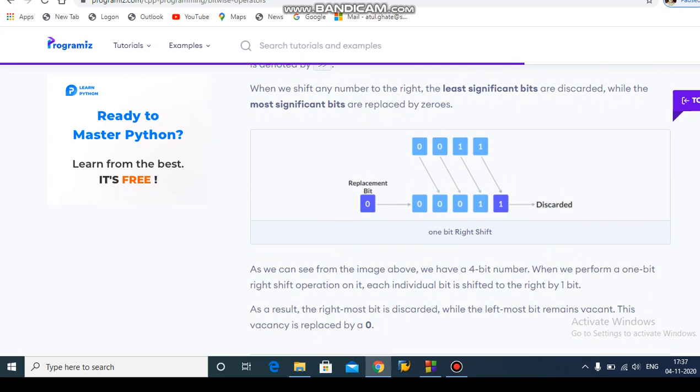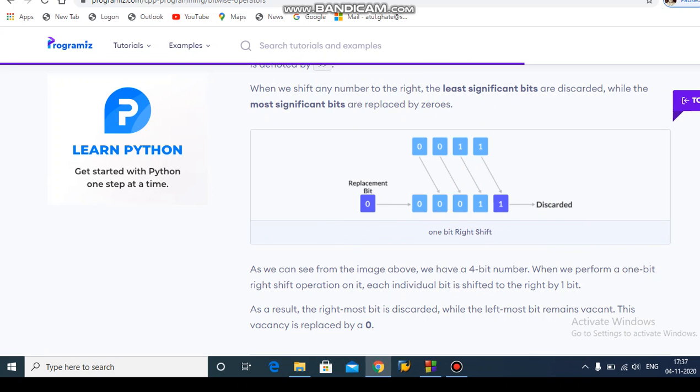This is shifted by one bit towards the right side. As we can see from the image above, we have a 4-bit number. When we perform a 1-bit right shift operation on it, each individual bit is shifted to the right side by 1 bit.